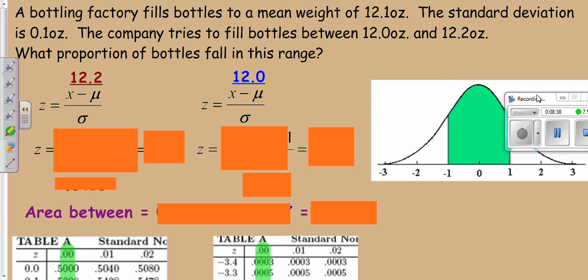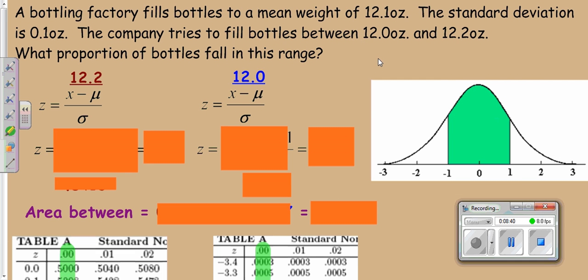So what do we do when we're looking at this situation? We have our mean, standard deviation. What percent of the bottles, or proportion of the bottles, are between here and here? Well, we're going to have to figure out the z-score for each one. So the z-score for the 12.2.